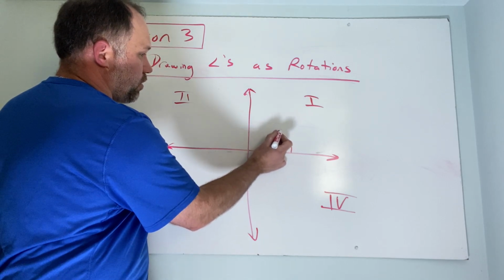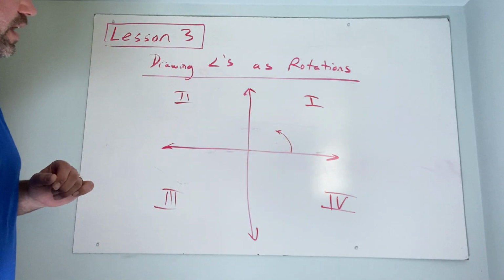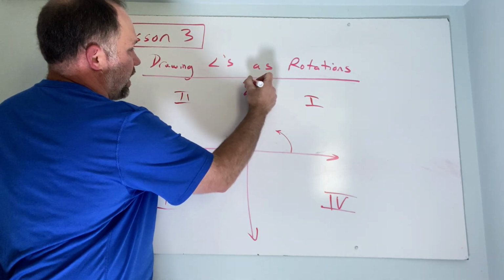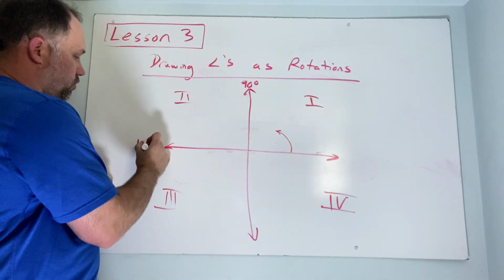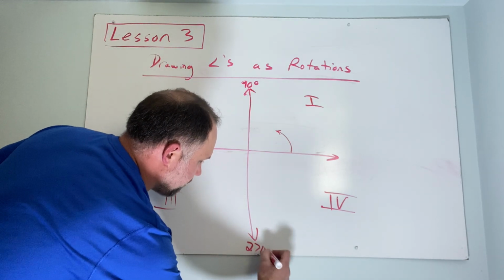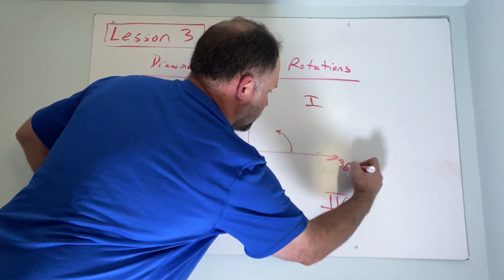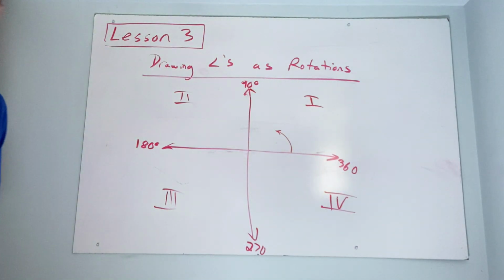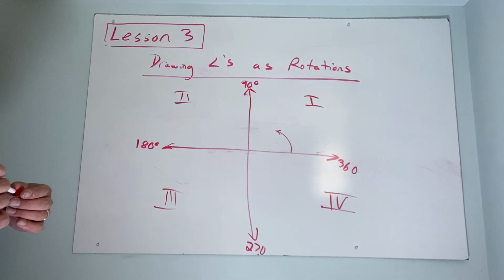So we go this way when we're dealing with positive angles. So this angle up at the top right here is actually 90 degrees. This is 180 degrees. This is 270. This is 360. We go in this direction when we draw positive angles.